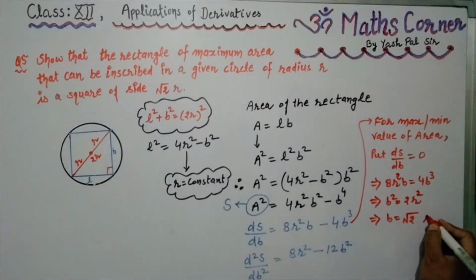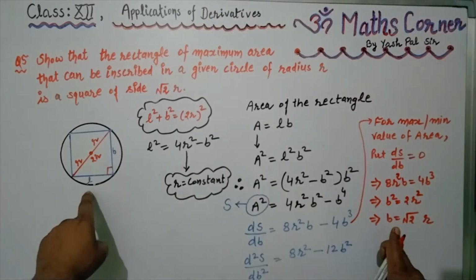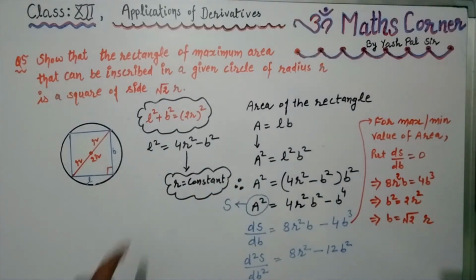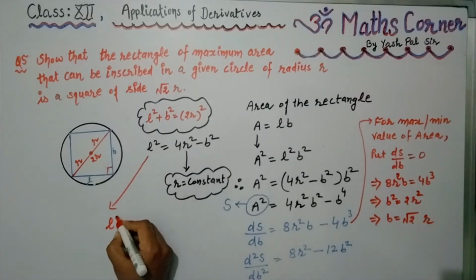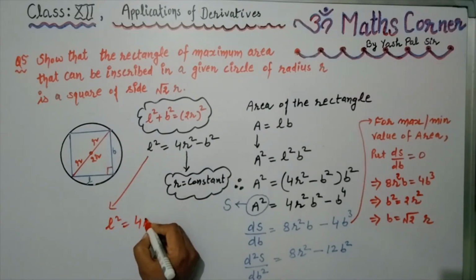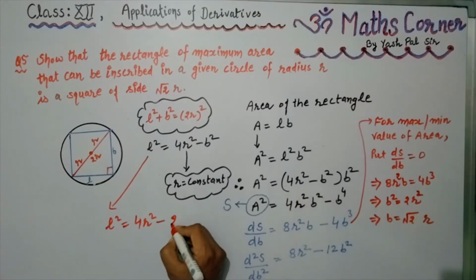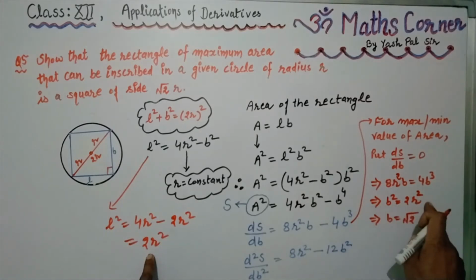This was 8r square B. So B square is 2r square, r is outside. Now if we substitute this value in the relation for the value of L, then L square is equal to 4r square minus B square, meaning minus 2r square.